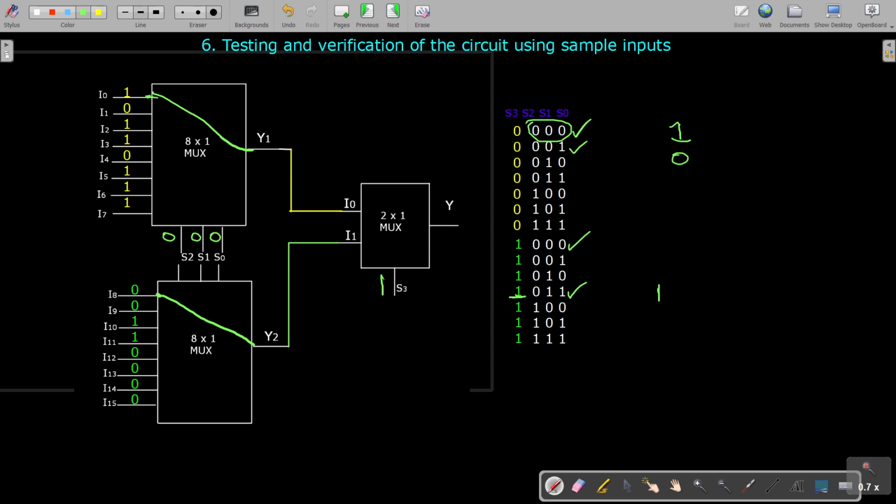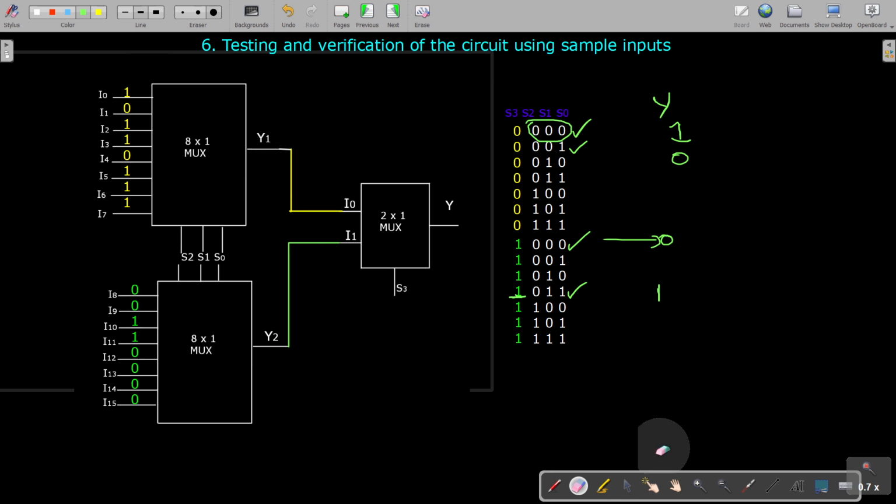Okay, it is selected. So this 1 will be transferred here. Here this 0 will be transferred. But this S3 is 1, isn't it? So this I1 is selected. I1 line is selected, so it is getting connected to the output side. So this 0 will be made available at the output side. So for this case, you will be getting a 0 at the output. So this is how it's working.